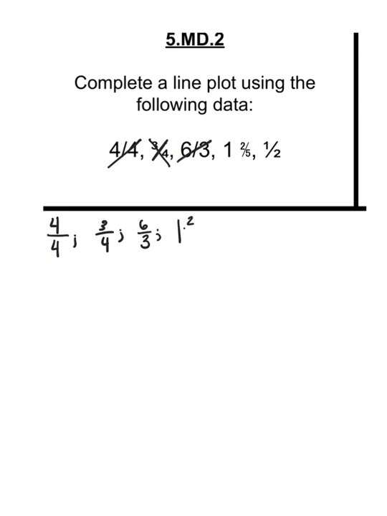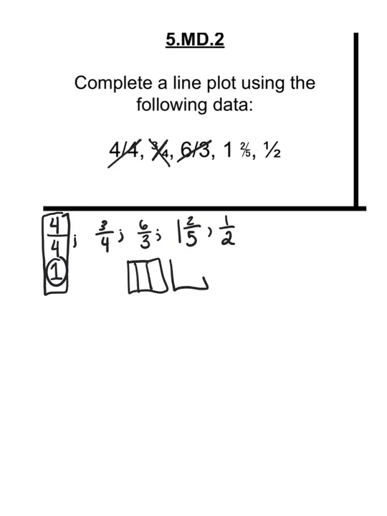Now notice some of these fractions are improper fractions, meaning they're greater than 1 whole. Like 6/3 is definitely greater than 1 whole. So the first thing we need to do is find our largest value and our smallest value. So 4/4, that's equivalent to 1 whole. And then 6/3, I know that's greater than 1 whole.